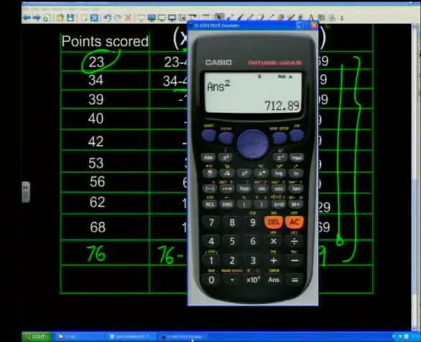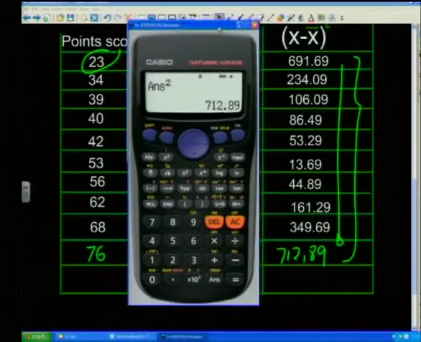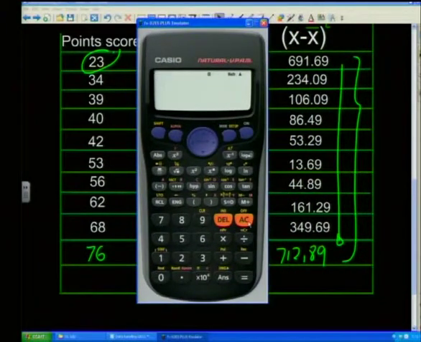I'm just going to keep the calculator on the side here so we can add all of this together. So let's start. We've got 691.69, and you can see, guys, that this is quite a tiresome method because it takes quite a lot of time.